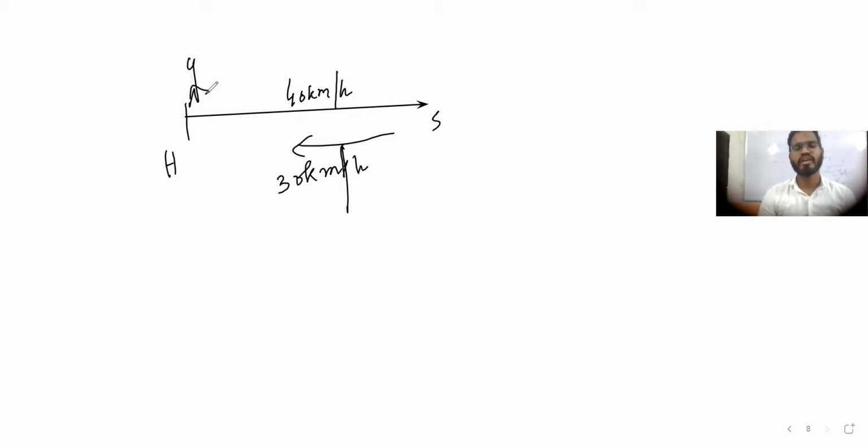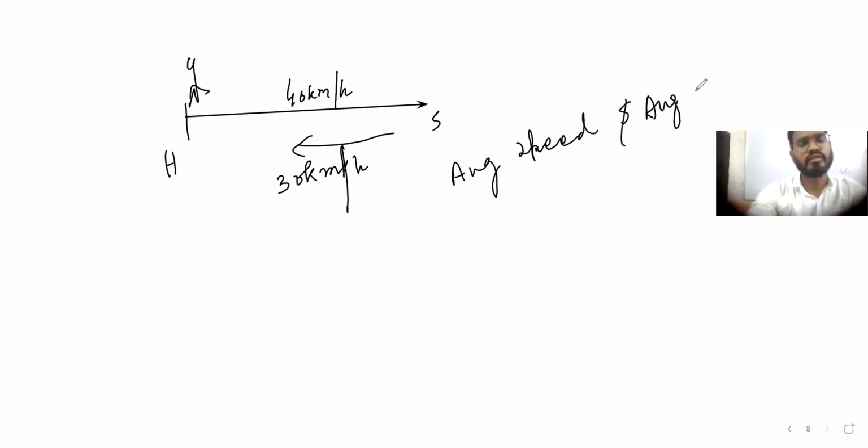Let's take Rahul is going from home to school with a speed of 40 km per hour, and he is returning back with a speed of 30 km per hour. Then find his average speed and average velocity. So if you want to find this, then let's see average speed.